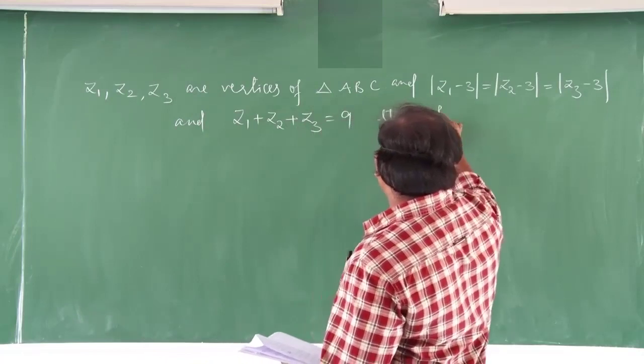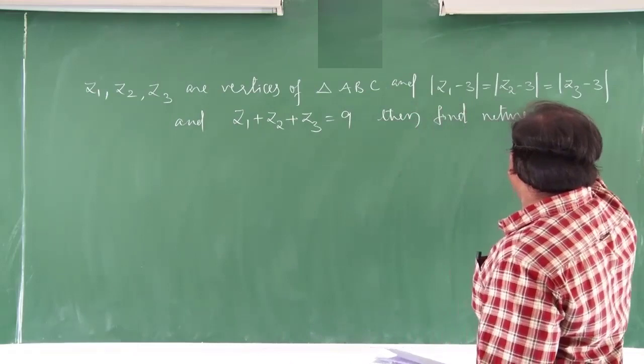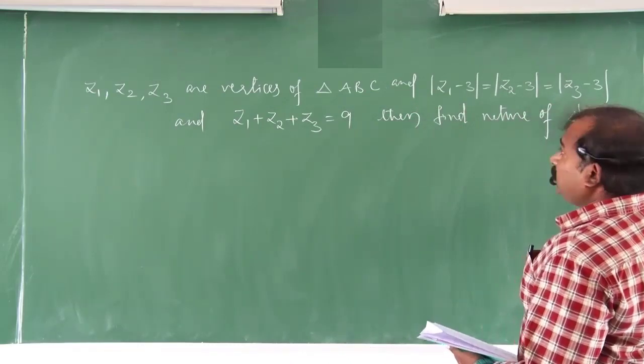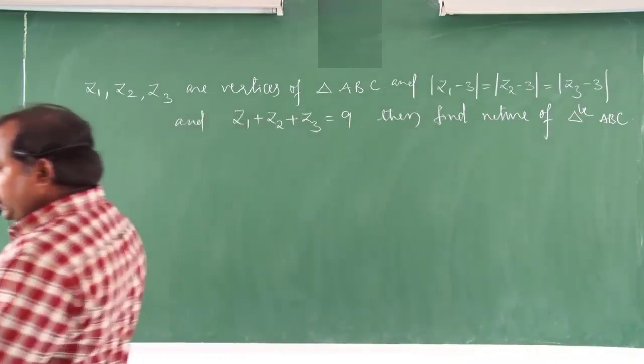Then find the nature of the triangle ABC. This is the bit, okay.